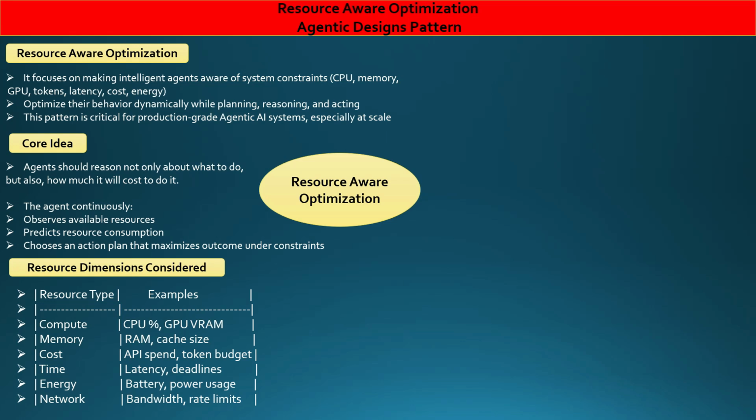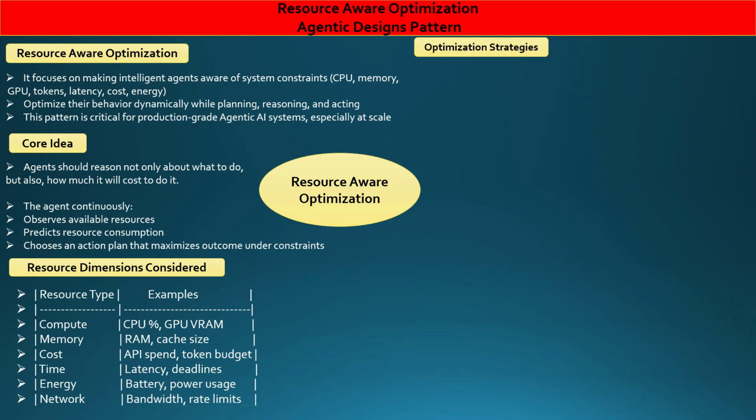The agent does not aim to maximize intelligence but for optimal intelligence within the constraints. Resource aware agents treat compute, memory, cost, time, energy, and network as inputs to the reasoning, not an afterthought. So this is about the resource dimensions considered.